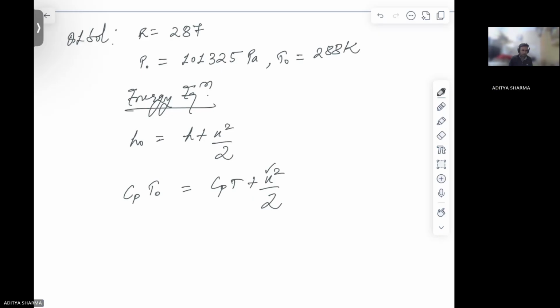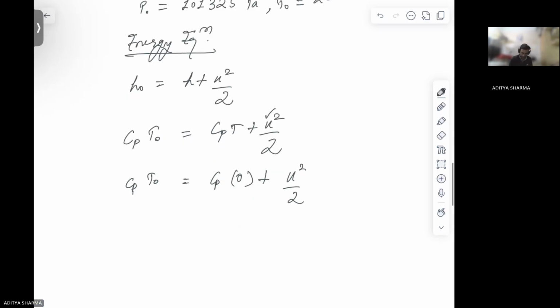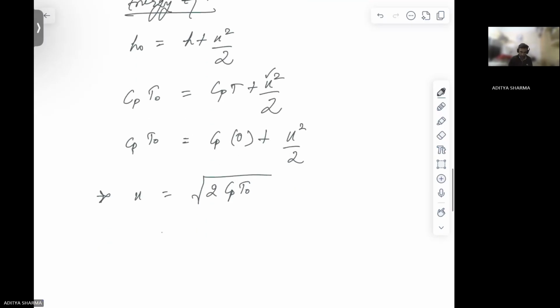So this will be CP T naught plus 0 equals 0 plus U square by 2, which implies U equals square root of 2 CP T naught.